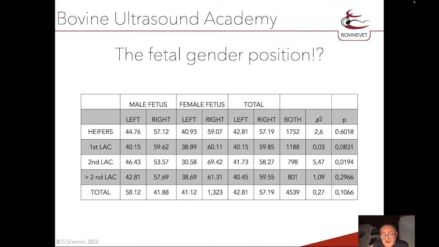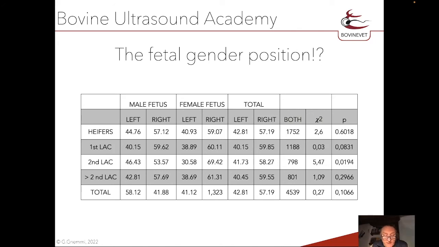Well, in this trial that I show in this slide, I tried to test this hypothesis and I found that there was no scientific evidence for it. Instead, I found that both males and females were more likely to be born on the right than on the left. And this is justified by the fact that the right ovary is the most active in ruminants.